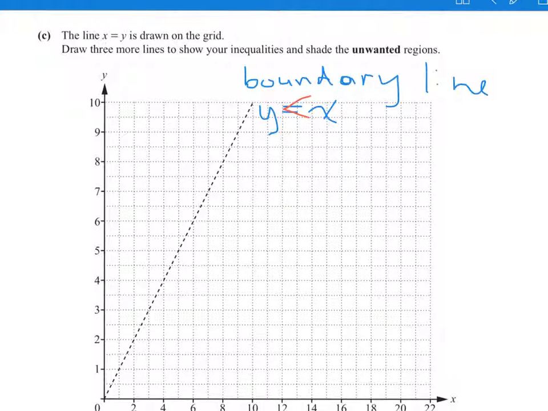Okay. Now the next one that we have to draw is x is less than 10. Sorry, next constraint, y is greater than or equal to 2.